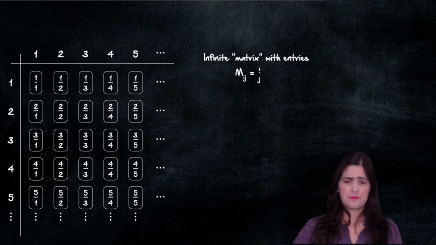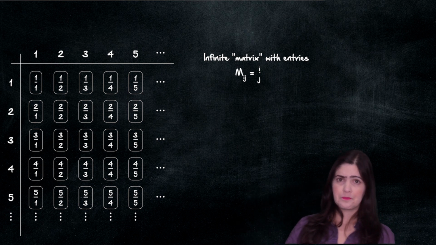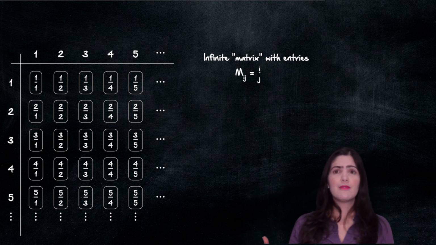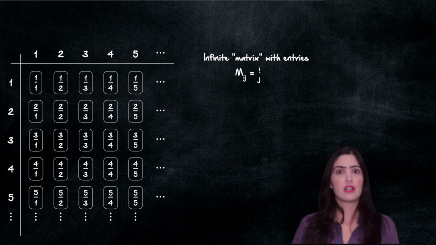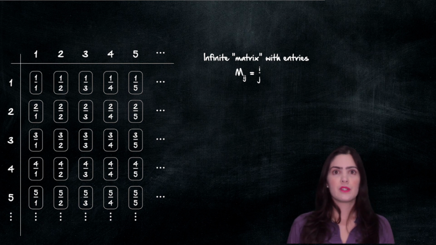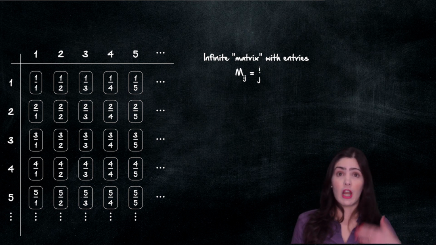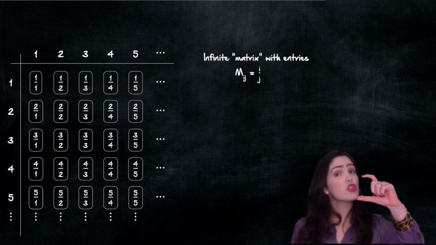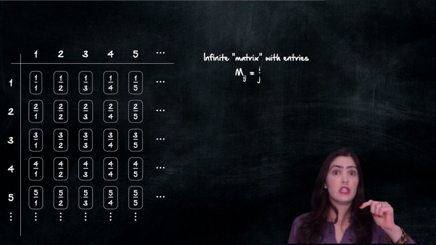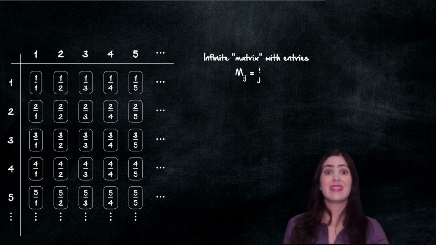We're going to first create this infinite matrix. What we have here is all the positive rational numbers. How do we construct them? Well, a rational number, if you remember, is just a fraction that has an integer in the numerator and an integer in the denominator, making sure that the denominator is never 0.